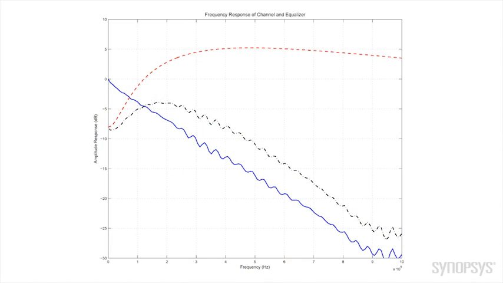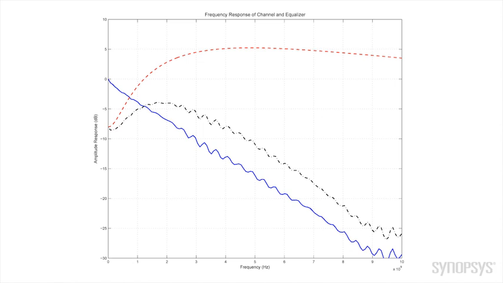In this figure, we see in blue the original frequency response of the channel. The red dashed line shows the frequency response of an equalizer. And finally, the black line shows the overall system response, including both the channel and the equalizer. It's not perfect. The black line is not perfectly flat, but it does have less loss than the original channel, and that's what's important here.